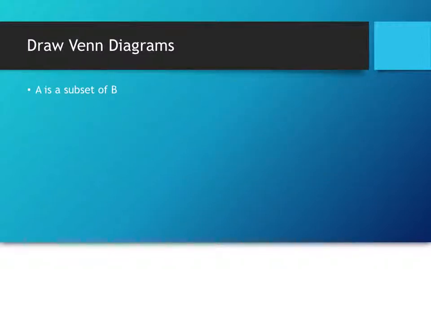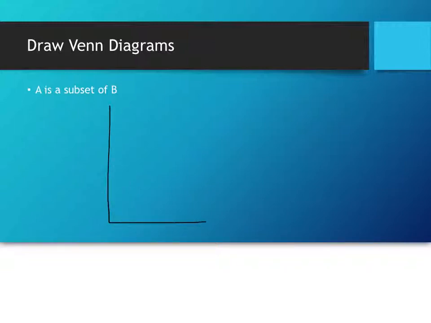So here's what I want you to do. I want you to start out by drawing a Venn diagram and just drawing the idea of A as a subset of B. Push pause, try to draw that, and see what you come up with. You should have drawn something like this.